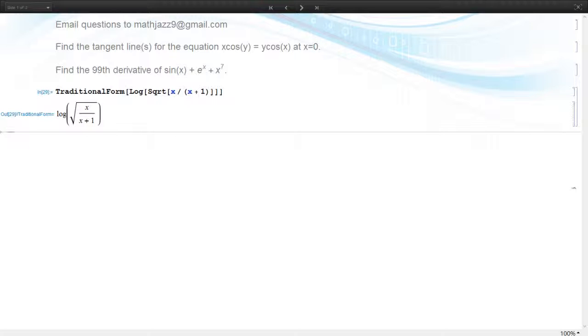For most textbooks, especially most first-year college textbooks, log with no base written refers to the common log, which is log base 10. But on Mathematica, log base e is written log. And I'm going to stick with that convention.